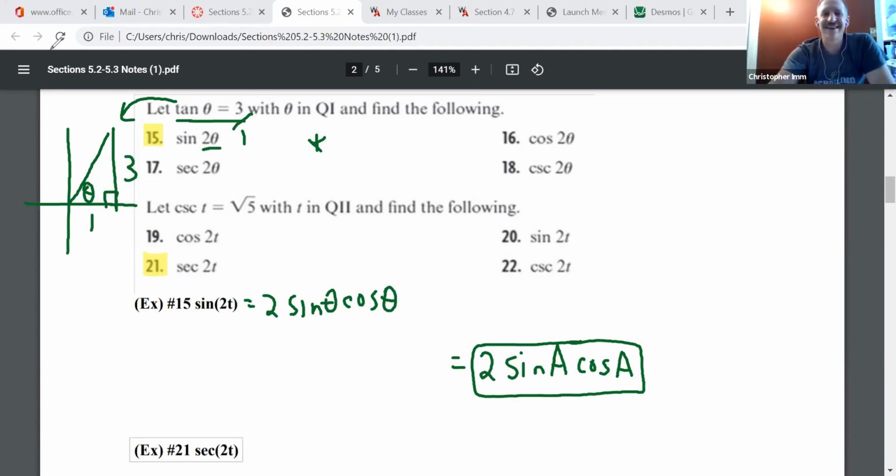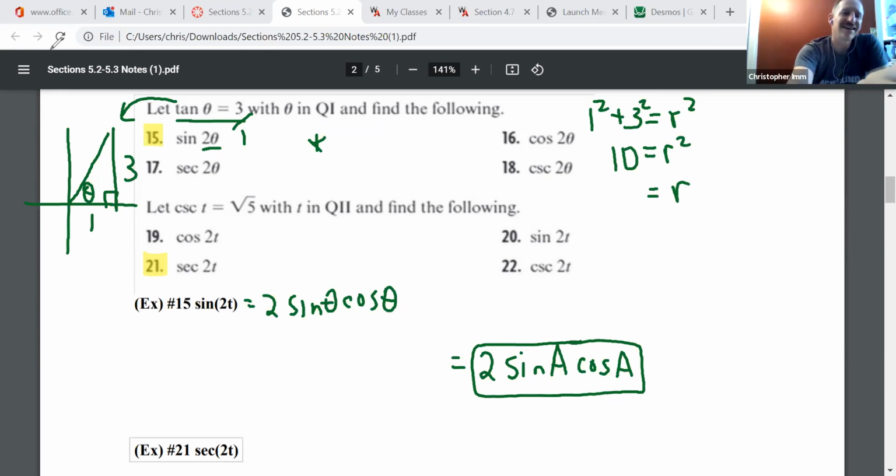Excellent. And then would the hypotenuse be square root of 2? Almost, but that's exactly how you do it. So 1 squared plus 3 squared is equal to the hypotenuse squared. So we'd have 1 plus 9, that's 10, equal to r squared. So what's the hypotenuse? Square root of 10. Got it. Nice job, Caleb. Thanks for your help.